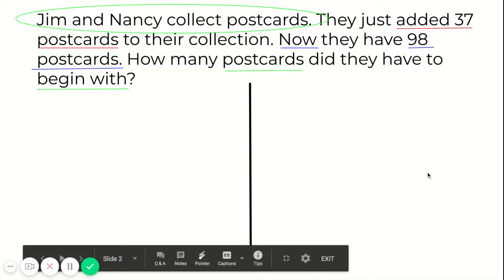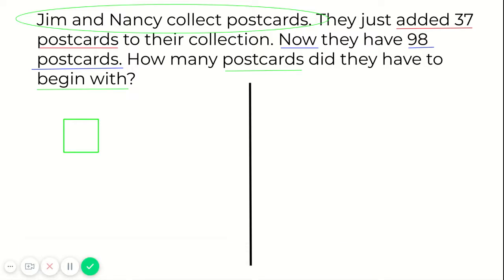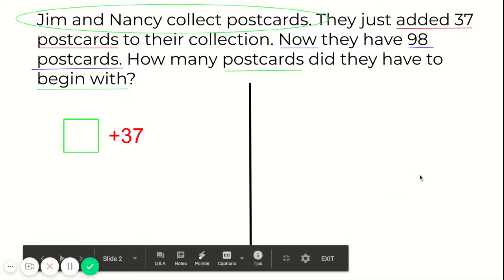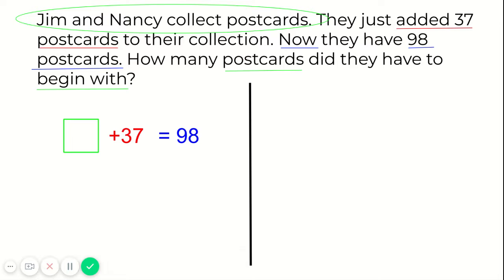So now it's time to write a situation equation that would match this problem. Let's think about it. We know that Jim and Nancy collect postcards and they start out with some amount in their collection. We don't know how much they have at first, but we know that they start out with something. Then they add 37 postcards to their collection. Now they have 98 postcards.